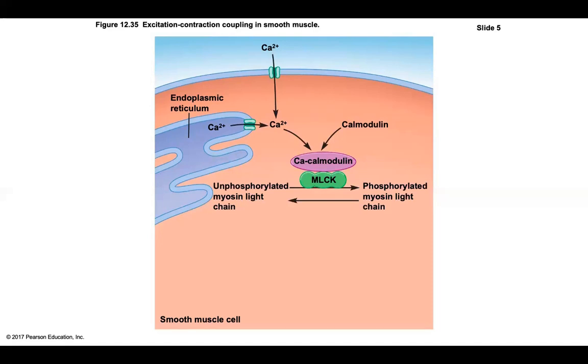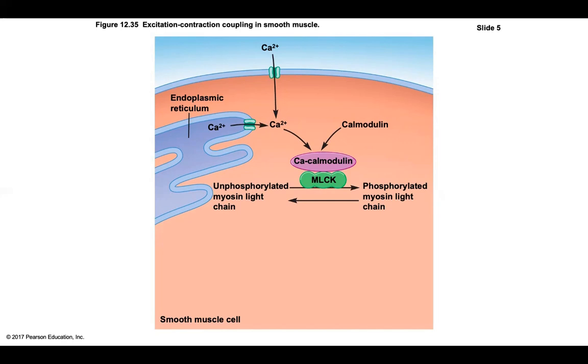Once this enzyme is activated, it will catalyze the reaction of phosphorylating the myosin head. The myosin head, being the thick filament component of our muscle filaments, needs to be energized. We made this point before. It needs to be energized in order to do the dragging of the actin filament. MLCK can phosphorylate it to help bring about that energized state so it can start the cross-bridge cycling. It can also work in the backward direction and dephosphorylate the myosin head to turn it off and stop the cross-bridge cycling.